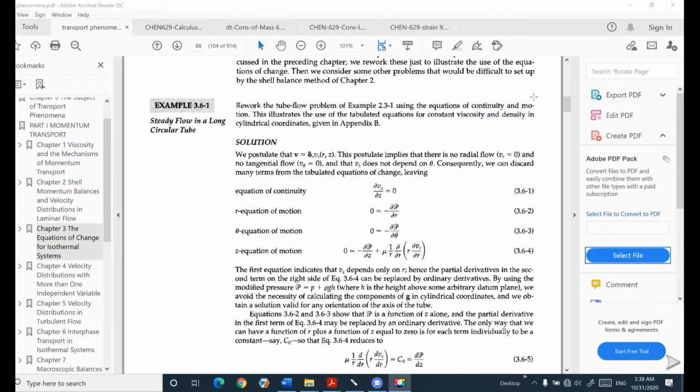In this video, we continue the systematic solution of the problems by using the equations of Appendix B in the BSL.